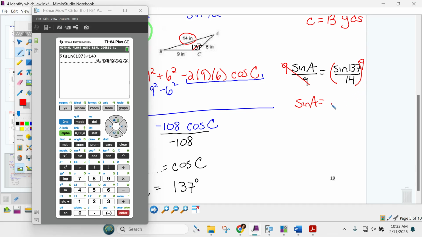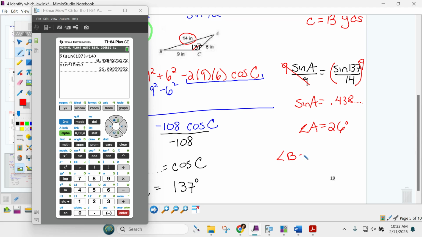And we get, again, a long decimal. So we're going to do second sine, second negative for the answer and get angle A is 26 degrees.